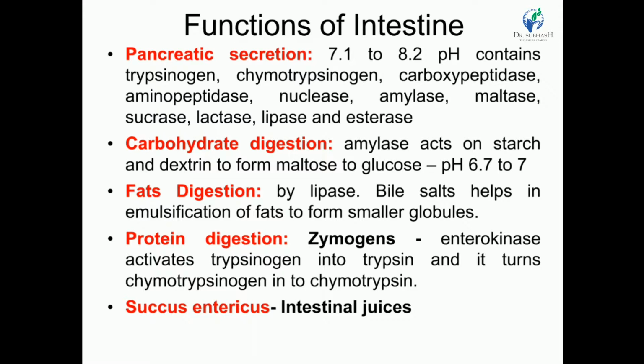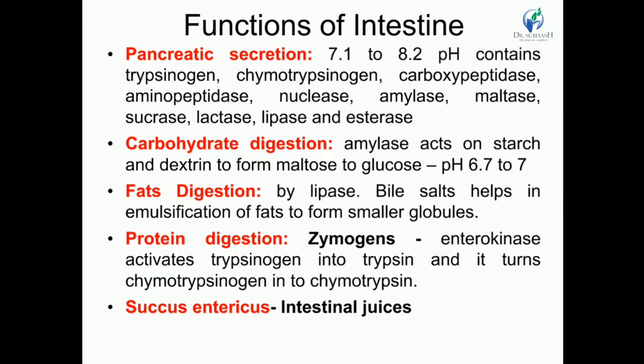Procarboxypeptidase is also activated by trypsin, and the carboxypeptidase that is formed acts on the terminal amino acids at the carboxyl end of the proteins, converting them into peptides and amino acids.